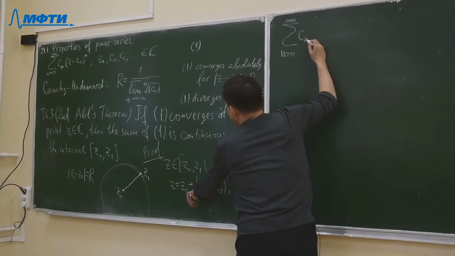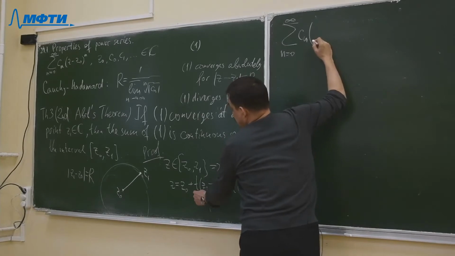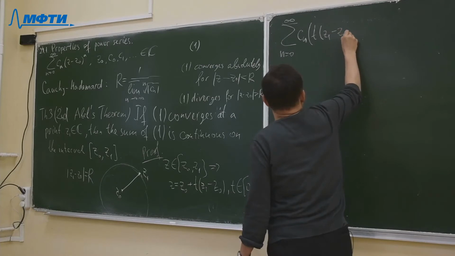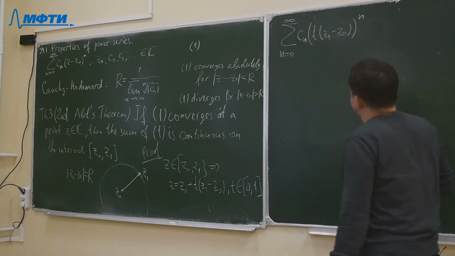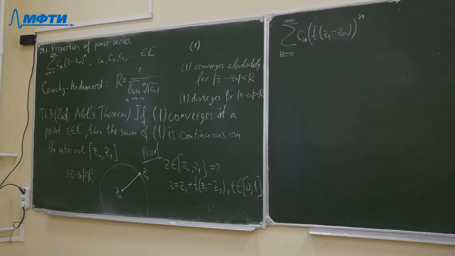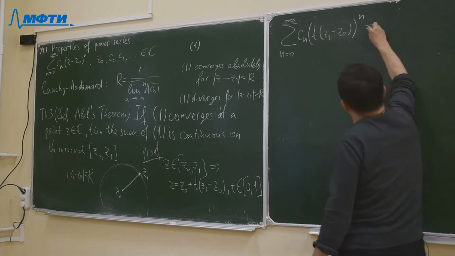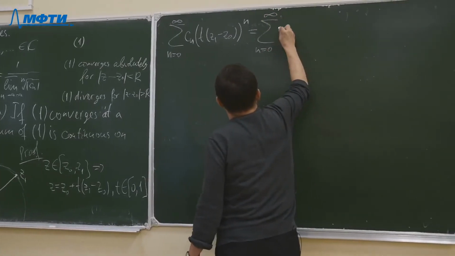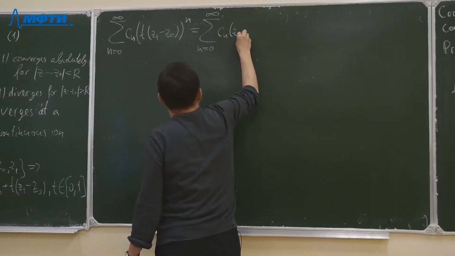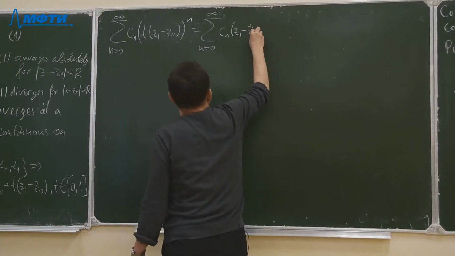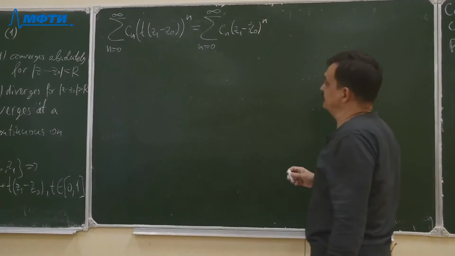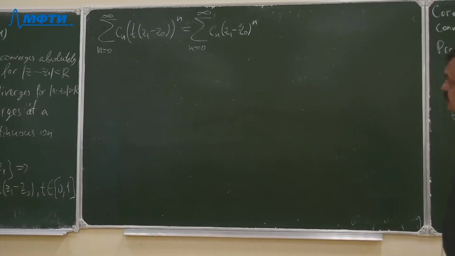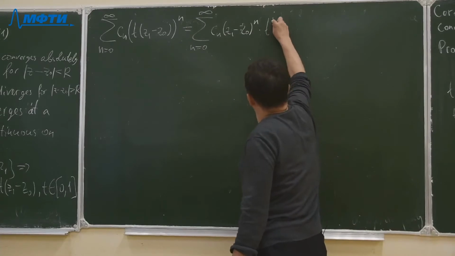I substitute Z0 plus t times Z1 minus Z0 power n, and let me rewrite it as follows: c_n (Z1 minus Z0) to the power n, times t to the power n.